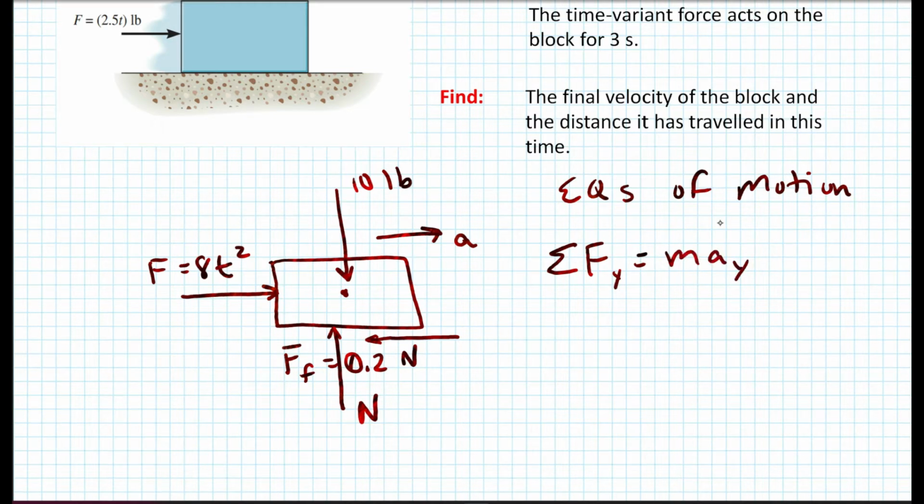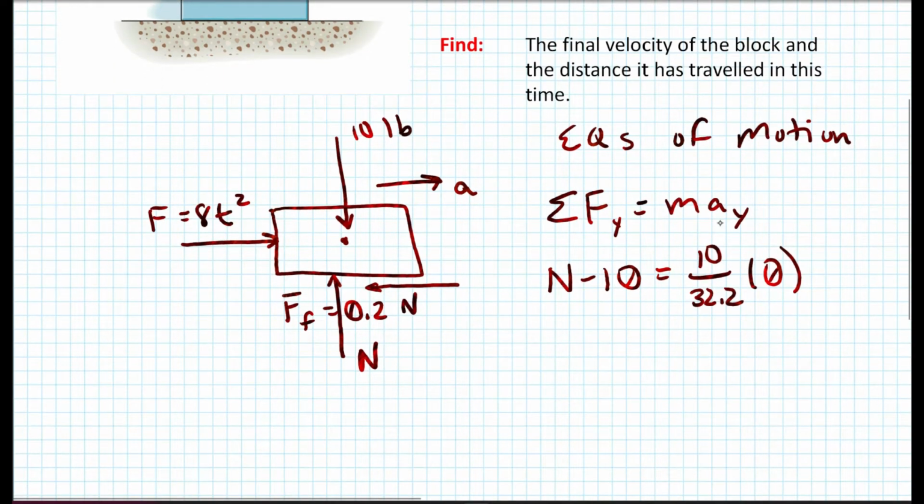We're inputting n minus 10, and for us that should be equal to the 10, and of course it's over 32.2, and then it's times 0. So all I did was substitute in, and solving this using a little bit of algebra, we'll get our n is equal to 10 pounds.